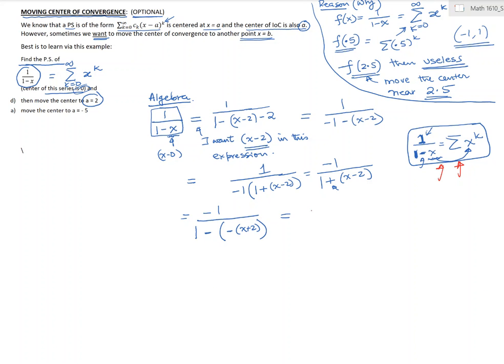So negative 1 is not a problem, that I can keep here. And then I have summation. Now when you have x, you have x to the power k. Now here I have minus x plus 2. So this is going to go raised to the power k.